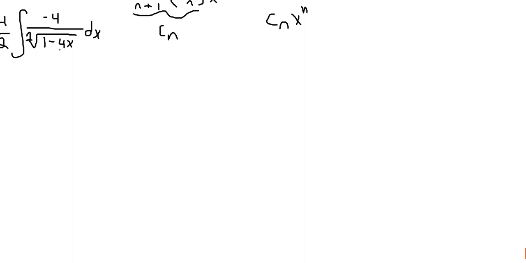This is the derivative of this, and we have this 2 here. So we can just integrate, and we get negative 1 half times the square root of 1 minus 4x. Now we're claiming that this is equal to some constant, I'll say a.